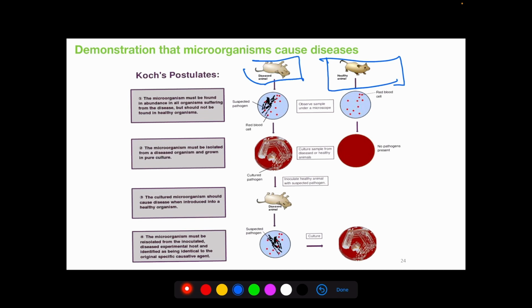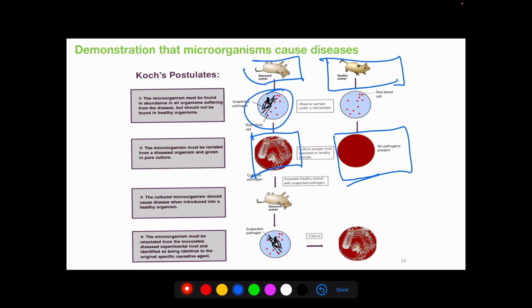We observed it under a microscope, and this was what we found. Now, these red blood cells, when we grow them in the laboratory, should show something like this, but this healthy animal shouldn't have any pathogens in its blood.